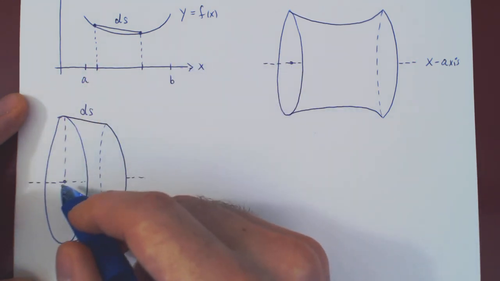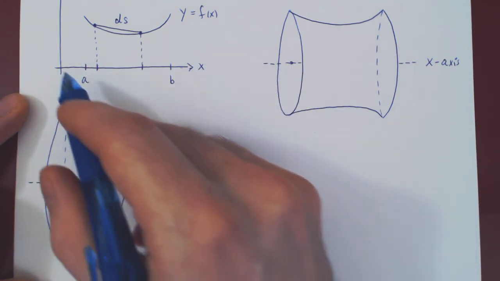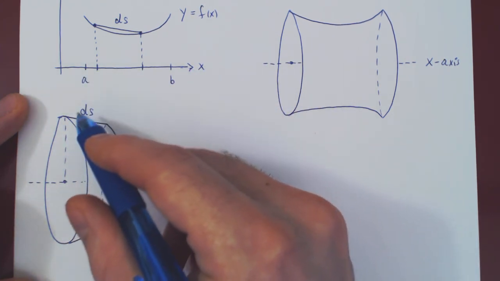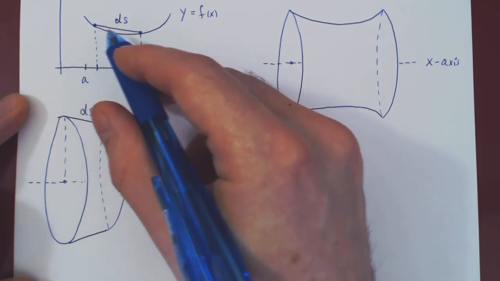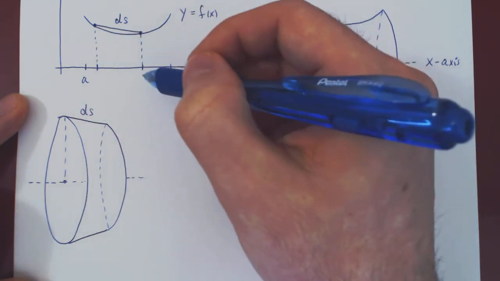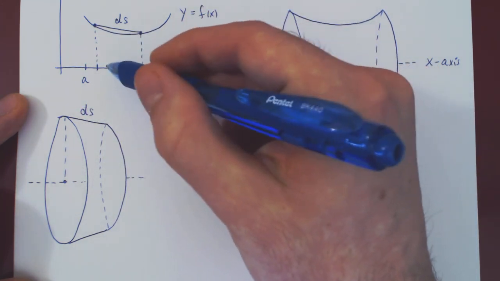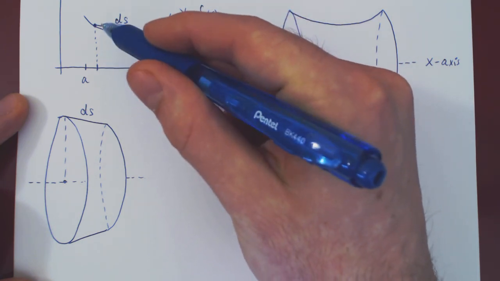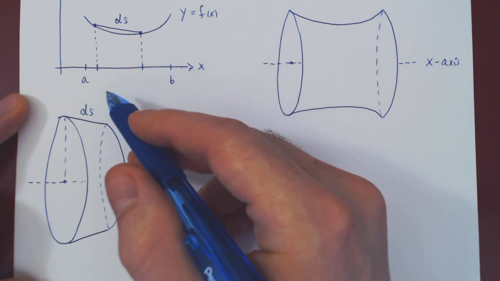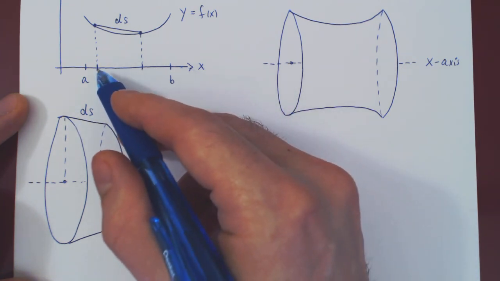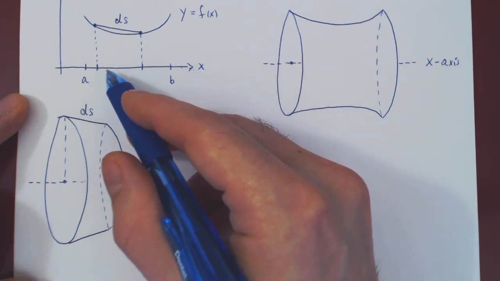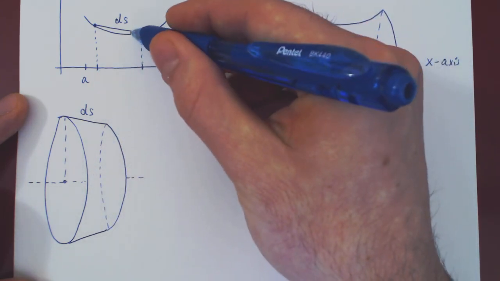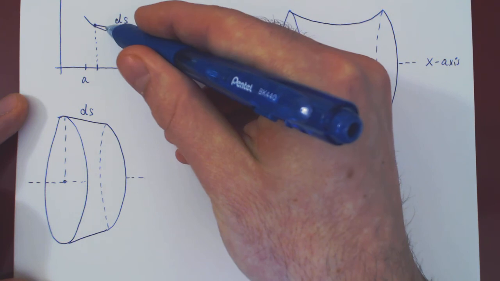The radius is approximately the distance from the axis of revolution, the x-axis, to this little line segment. Well, again, you can see that depending on which point you choose inside of the interval, you'll get a different distance. The idea, again, is to use an approximation. As the width of the interval shrinks to 0, the difference between different radii will shrink to 0.